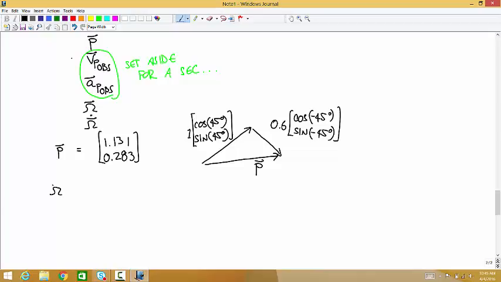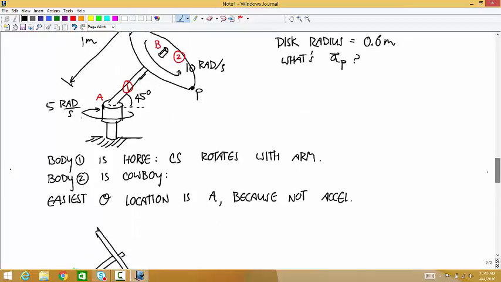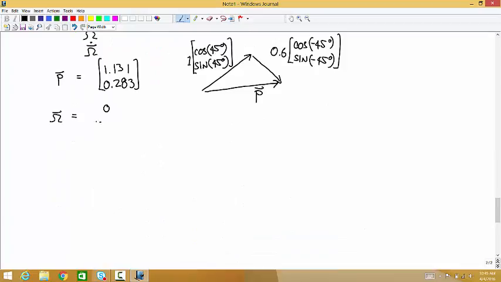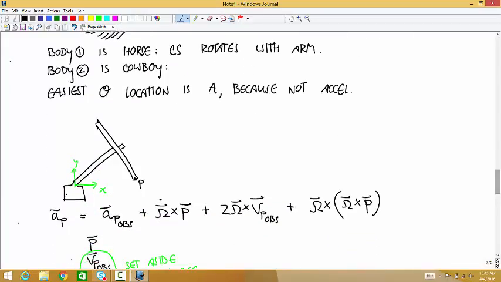And then what's capital Omega? Yeah, 0, negative 5, 0. So that's the angular velocity of the coordinate system. I'm sorry, how did you do that? Oh, just there's the coordinate system.